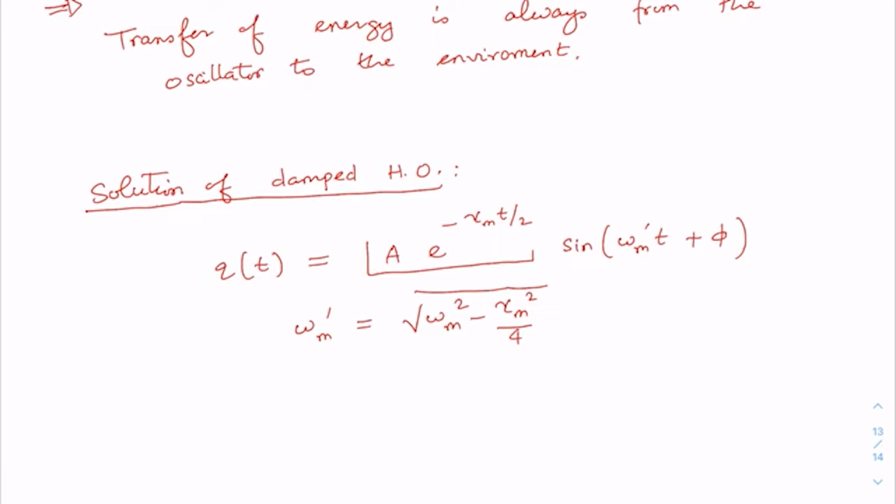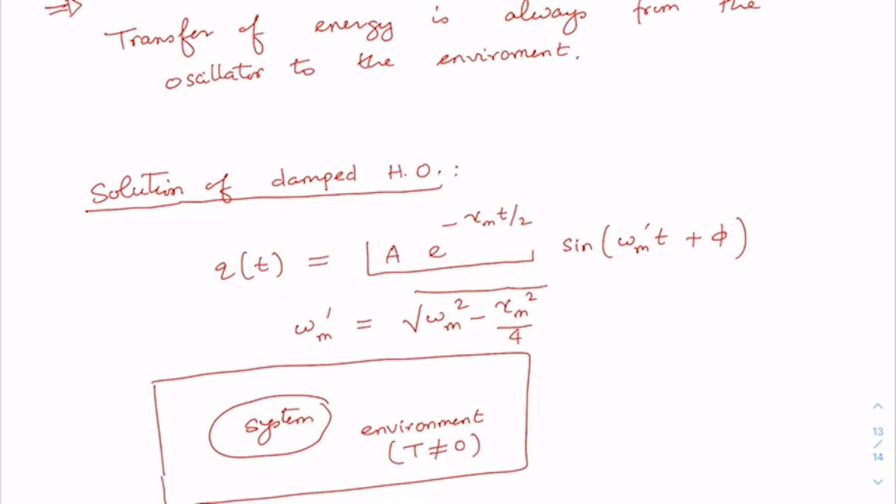However, such behavior does not realistically represent the situation when the oscillator is in thermal equilibrium with the surrounding at a non-zero temperature. Say our system is there and it is surrounded by the thermal environment. Thermal environment means it has some temperature T not equal to zero, and the system in our case is the harmonic oscillator.